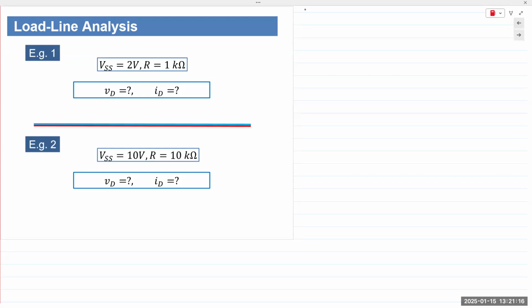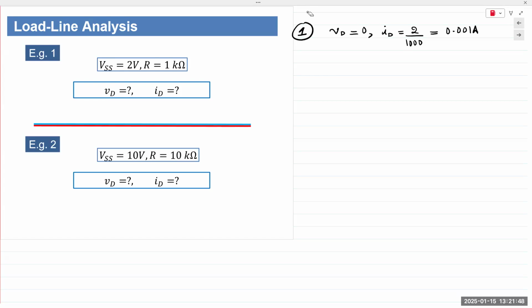So for example 1, if you plug in VD is equal to 0, and ID is equal to 2 volts divided by 1000 ohms, that's 0.001 amp or 1 milliamp.